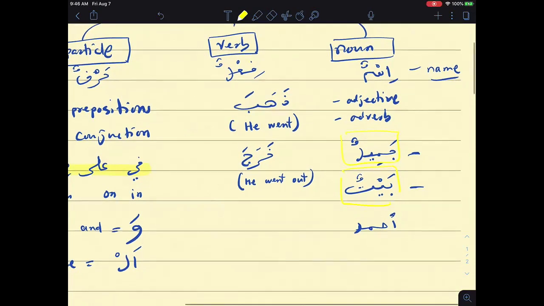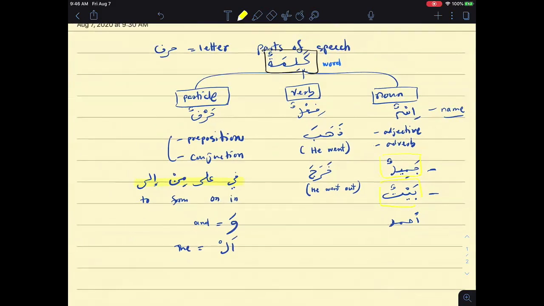But we categorize them as nouns because they have exactly the same grammar ruling as nouns, especially the ending. So if we understand all at once, we don't have to study adjectives separately. In Arabic we have adjectives, adverbs, all of these things. We just don't categorize them separately.